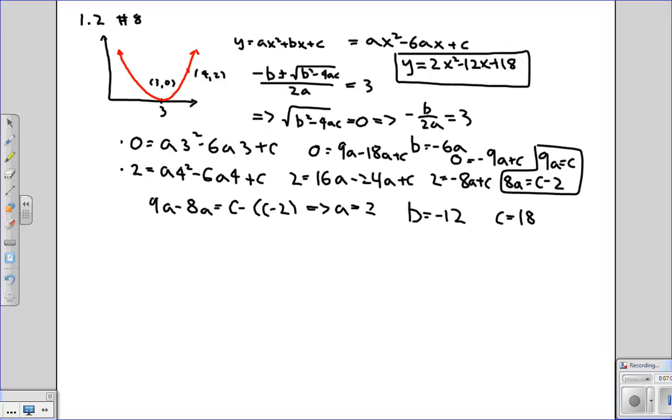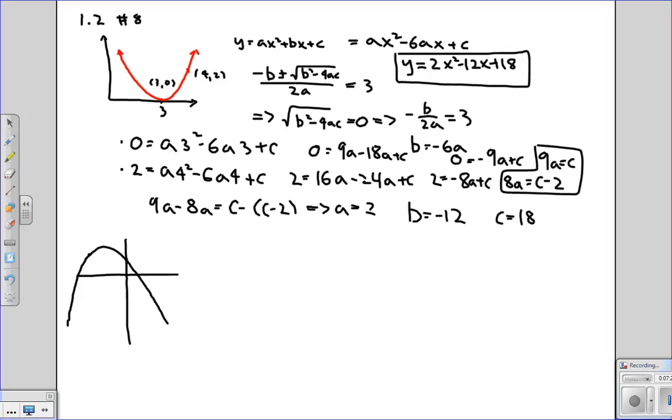Now let's look at the second graph. In the second graph, we're given 3 points, but none of them are as special as the ones that we deduced before.